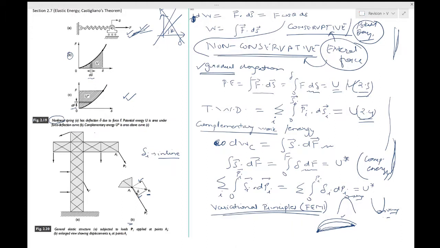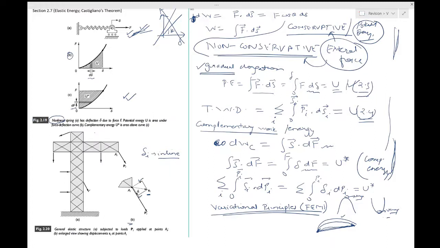So these ideas are used in variational principles and in a much grander scheme, and perhaps this course is not there for this, but just to give you an idea about what variational principles used in FEM are. So perhaps you will take a very nice course sometime in your 4th year. Applied mechanics does it. I'm sure mechanical engineering would also do that, and perhaps civil engineering, every department does that.